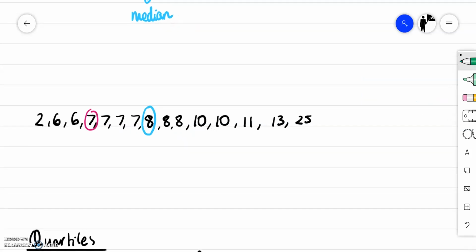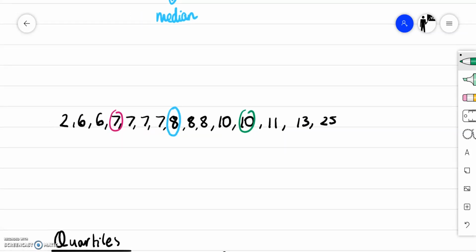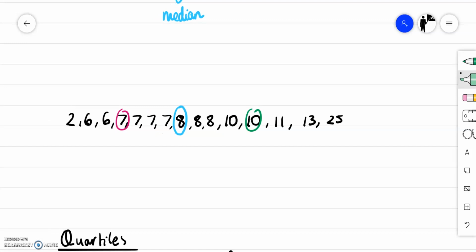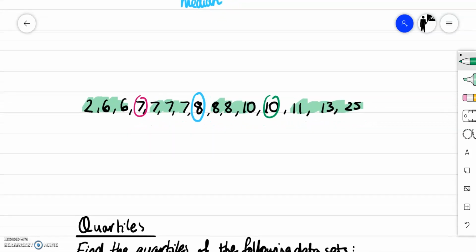Similarly on this side, 8 would match with 25, 8 and 13, 10 and 11, and I'd be left with 10 here. Let's look at what we've got left over. I've got 3 values here, 3 values here, 3 values here, and 3 values here. We have split the data into 4 parts.